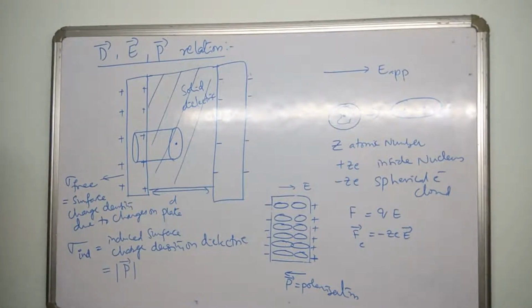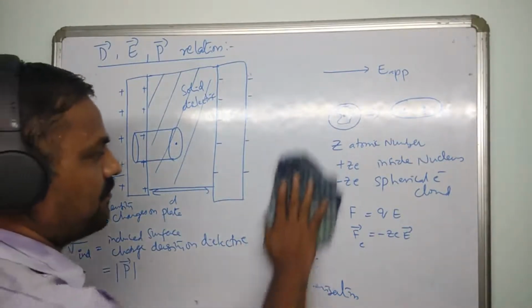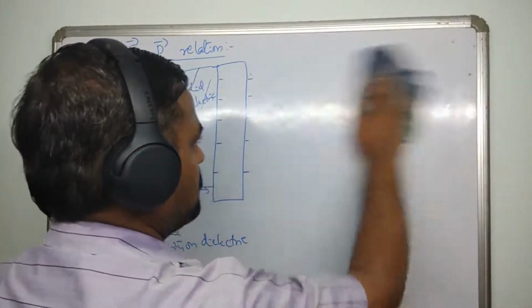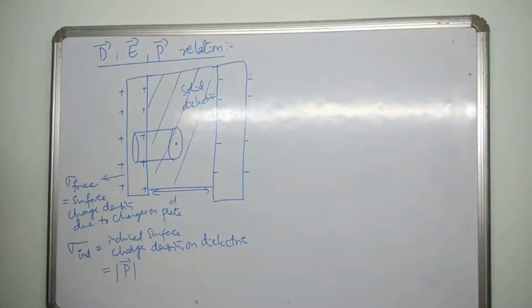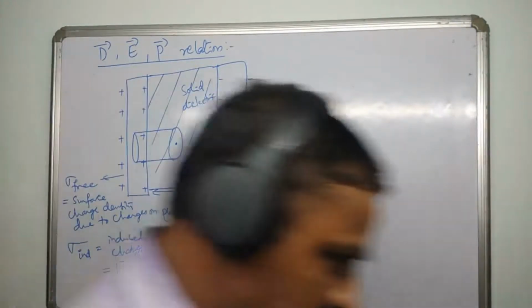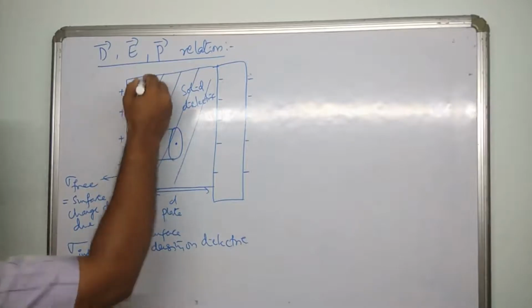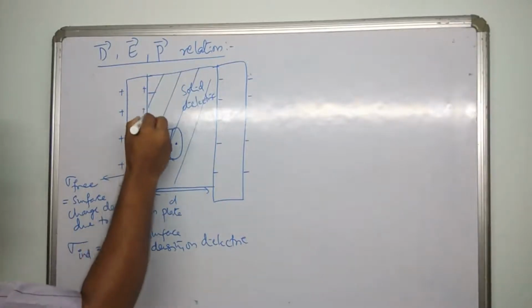Okay, let me pause. I'm going to erase this portion. Okay, so induced surface charges. This dielectric is going to get some induced charges here.